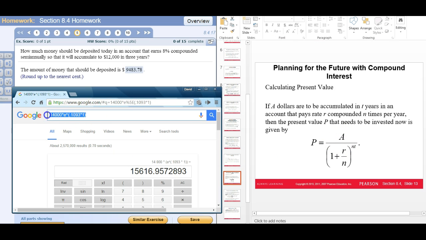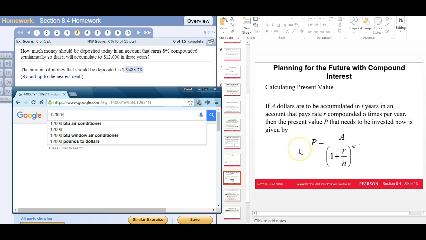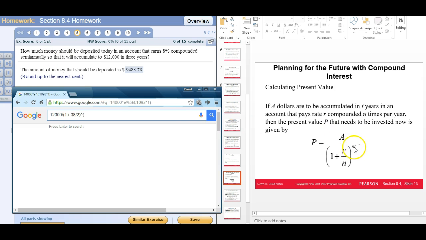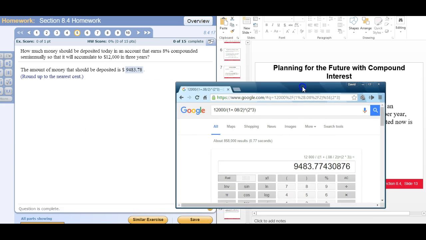So the amount I want to get to is 12,000, divided by parentheses 1 plus R over N. R was 8%, so 0.08, divided by N. N is compounded semi-annually, so that's 2 times a year. Close. Raised to the power of it again. Anytime there's an exponent, we need parentheses or multiplication in the exponent. So N times T, so it would be 2 for N times T is 3. So there is what I get.